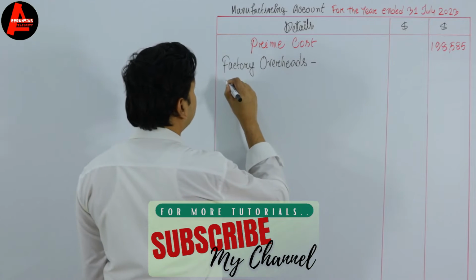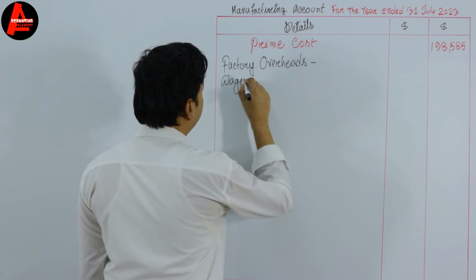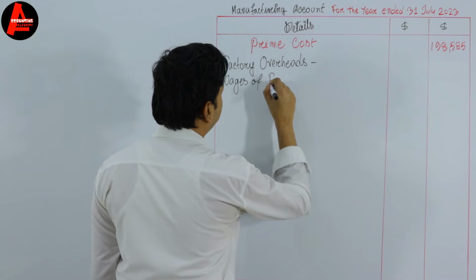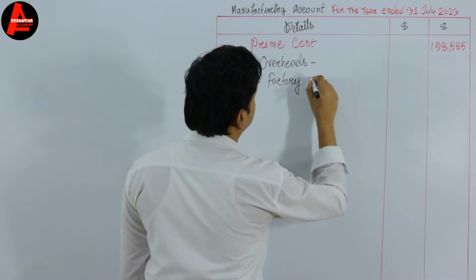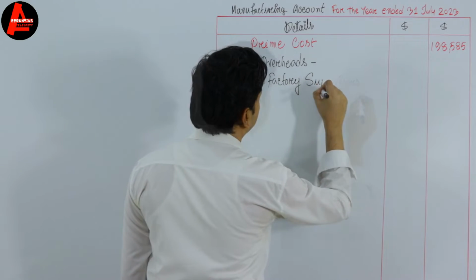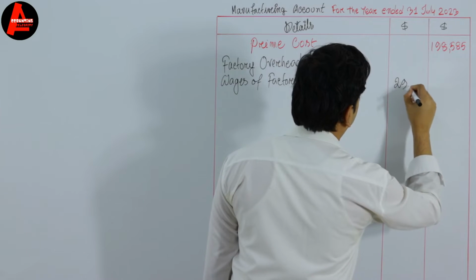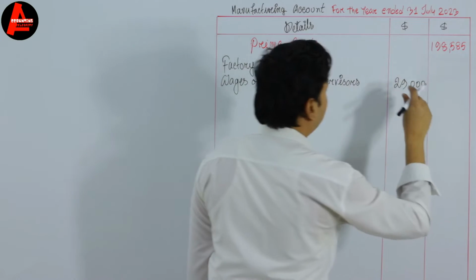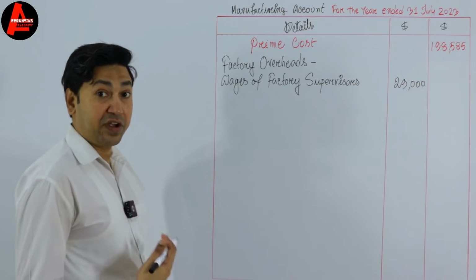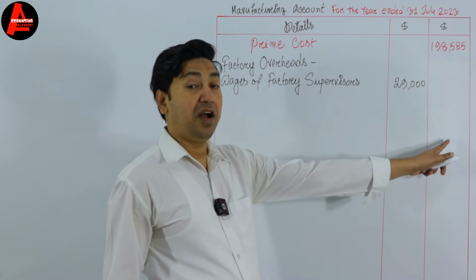So let us write here wages of factory supervisors, $29,000. We will write it in the first column. We will add all the factory overheads, then we will take the total in the outer column.